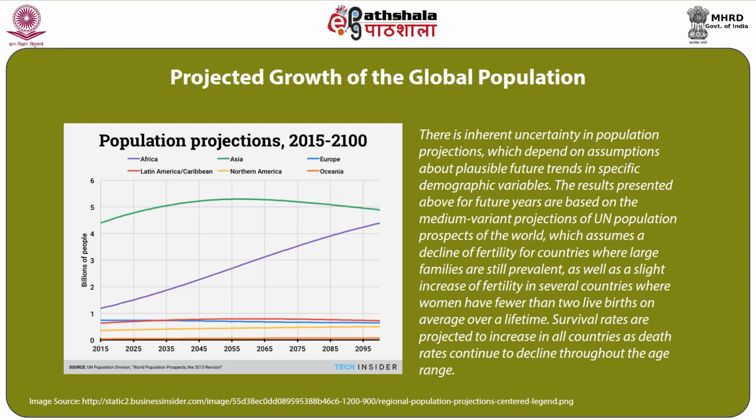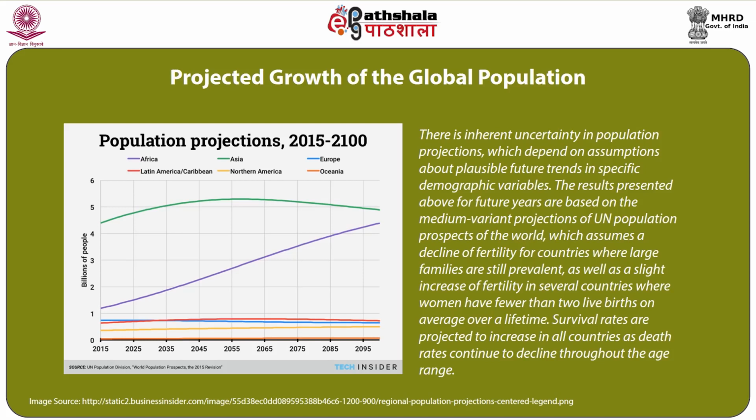The results presented above for future years are based on the medium variant projections of United Nations population prospects of the world, which assumes a decline of fertility for countries where large families are still prevalent, as well as a slight increase of fertility in several countries where women have fewer than 2 live births on an average over a lifetime.